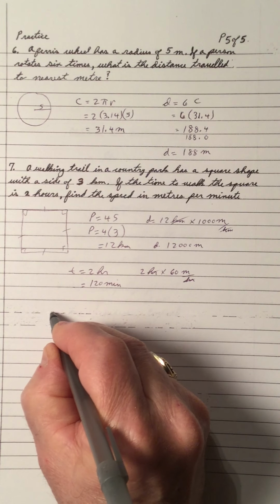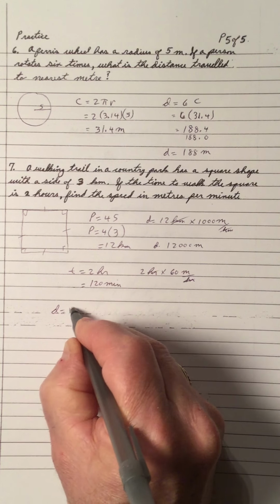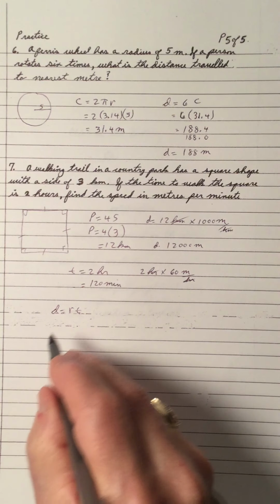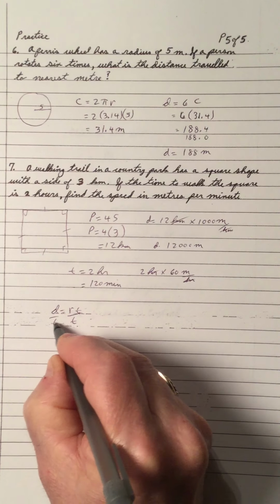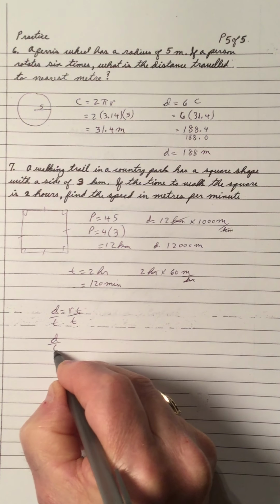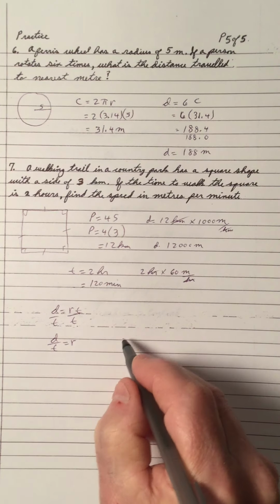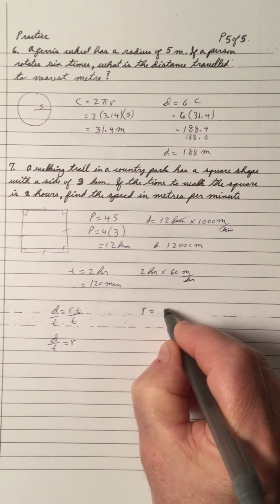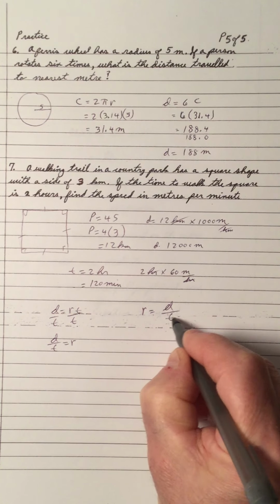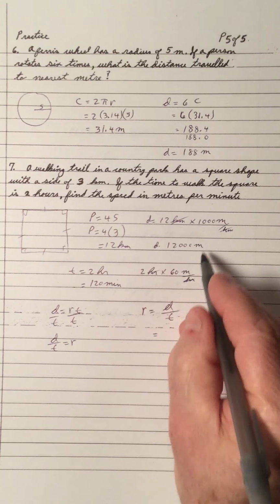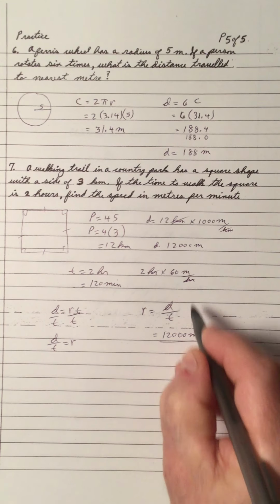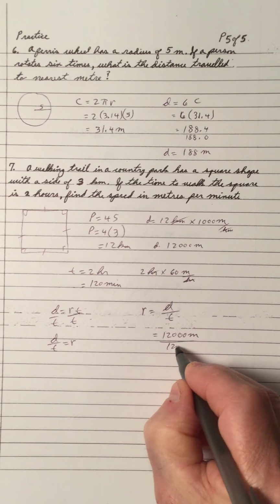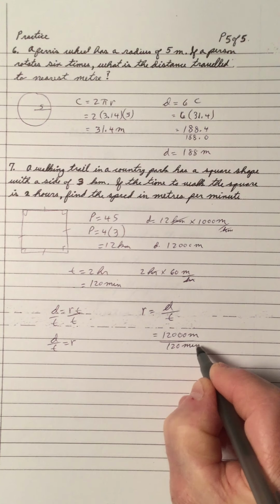So we know that the distance is rate times time, but we want the rate. So if we divide both sides by t, we get d over t equals the rate. So the rate is distance divided by time. So the distance we traveled is 12,000. The time is 120 minutes.